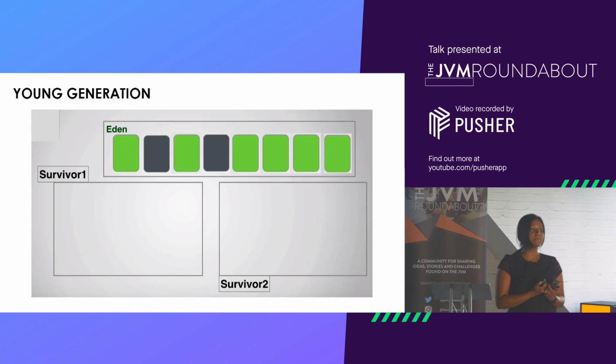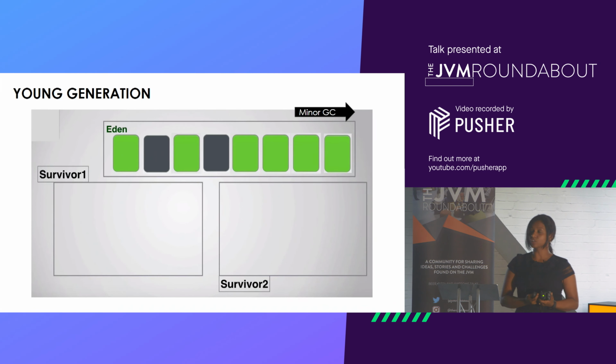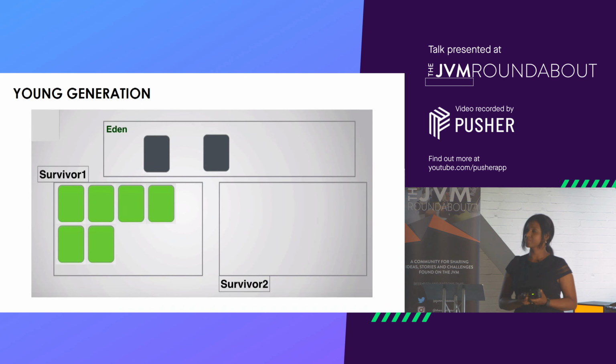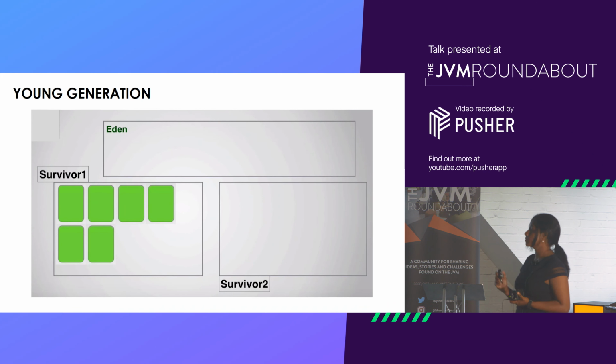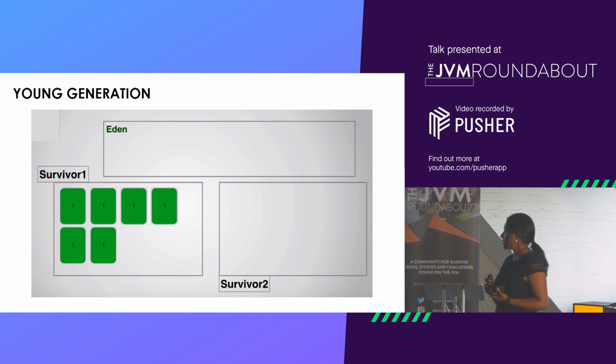This is when a minor garbage collection kicks in. That runs across the young generation. So when that happens, the reachable objects are moved into the survivor space 1, whereas the unreachable objects are removed from the heap.